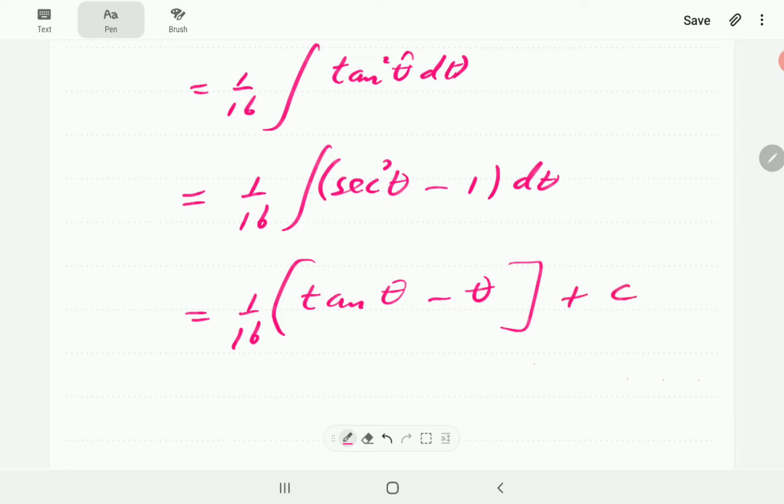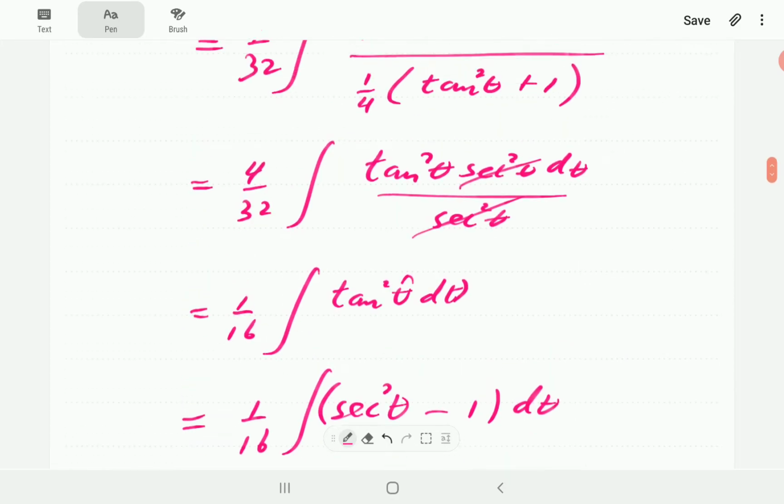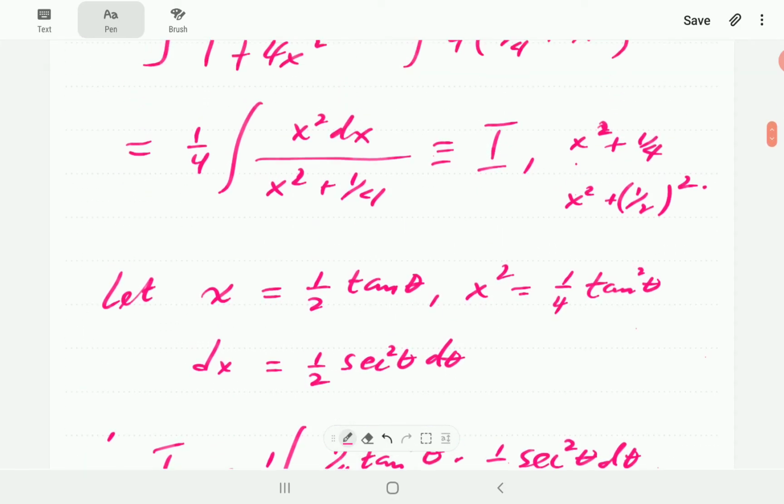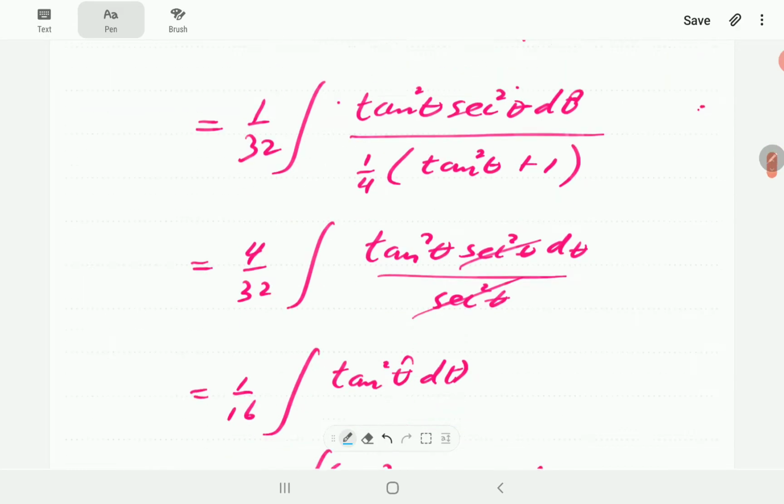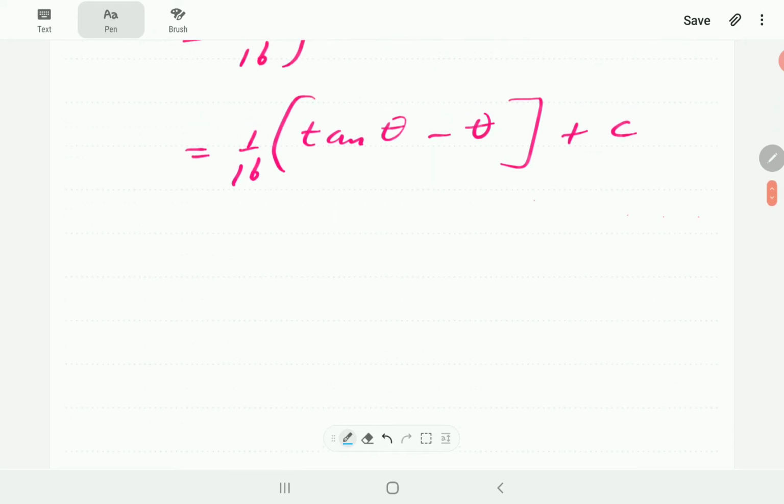Writing this in terms of x is not going to be very involved in this case. From here, we can write tangent theta is equal to 2x, and then theta is going to be inverse tangent 2x.